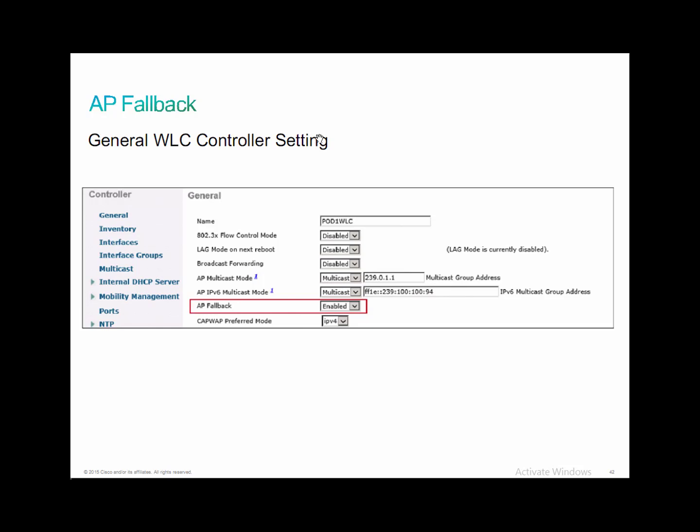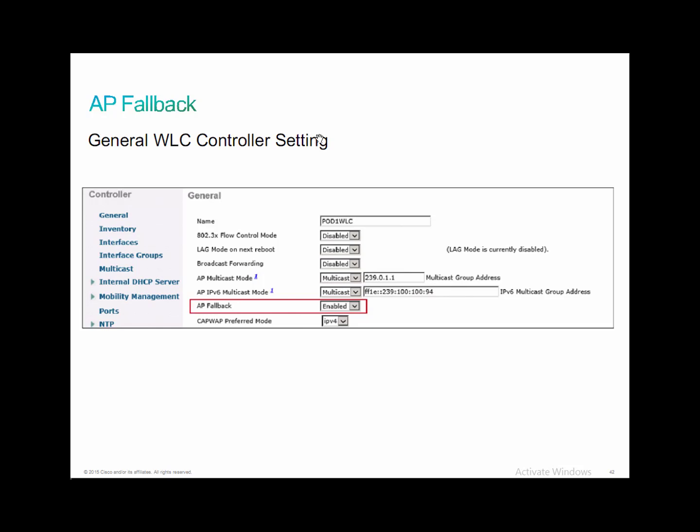The fallback option doesn't really break wireless necessarily. Just keep in mind, when an AP falls back, there is a brief window of time, even though you may not notice it, of about 12 to 30 seconds, depending on the timer configurations. So the clients could see an interruption of service for that time period.